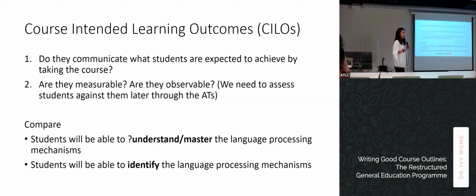You cannot observe whether someone understands something or knows something, but you can observe when they are able to identify something. Because if you identify, you have to, let's say, highlight the things out. And if you highlight all these key points correctly, you are able to identify. But even if I nod my head when I tell you that I know what SILOs are, I might not know, right? So they have to be measurable, and they have to be observable.